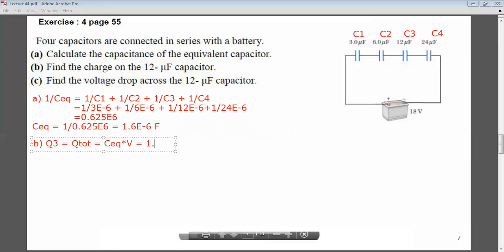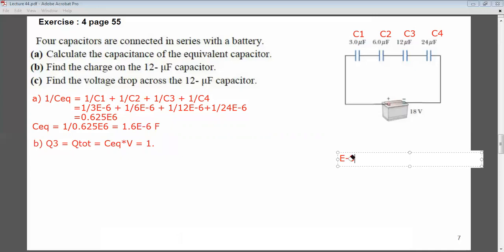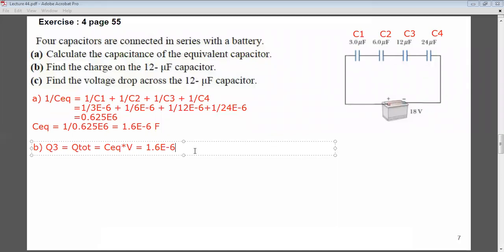So this is 1.6 e to the minus 6 times the total, which is 18, and this will give me 28.8 e to the minus 6 coulomb.